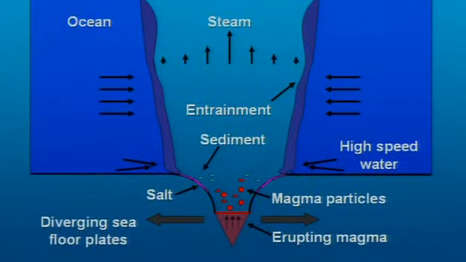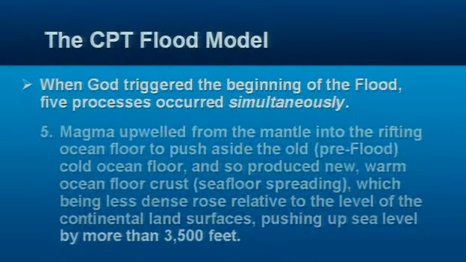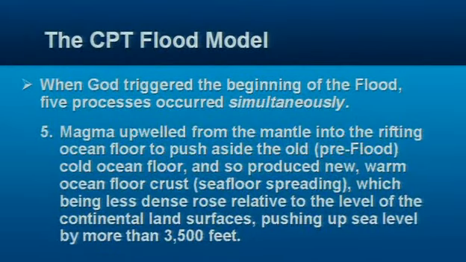See, in this crack on the ocean floor, you've got this hot material coming up with water, and it's going to produce steam, which is going to rise, going to take some of the ocean water with it. Now, the fifth thing is that the mantle material, the molten rock that upwells from the mantle into the drifting ocean floor to push aside the old ocean floor, is going to be new, warm ocean floor.